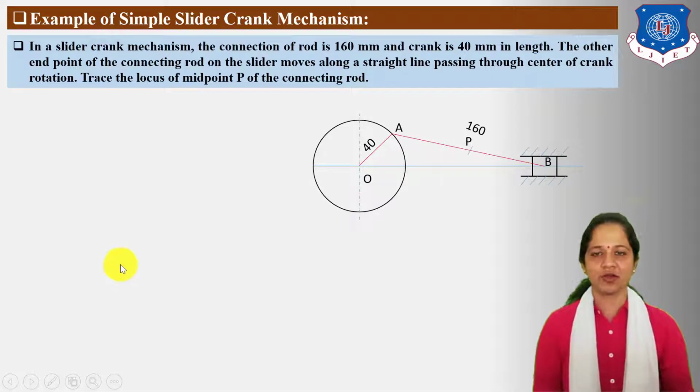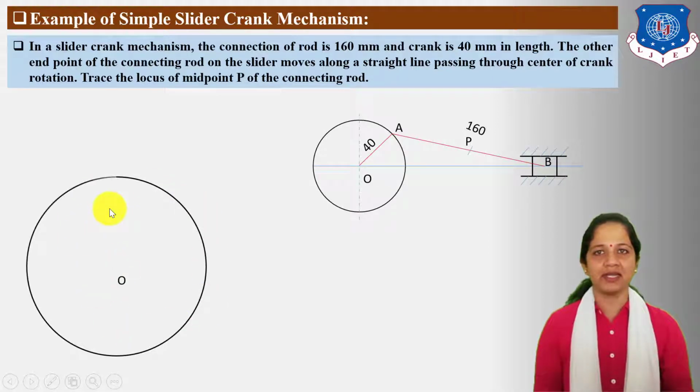So first draw a circle. Take the radius of the circle as 40 mm or 4 centimeters. O is the center of the circle. Here this circle is the locus of point A, which is a moving point.